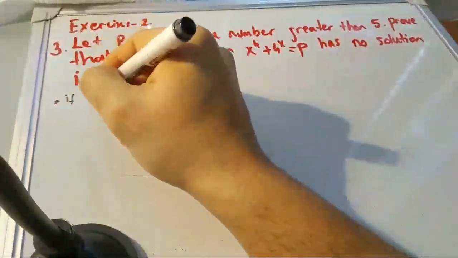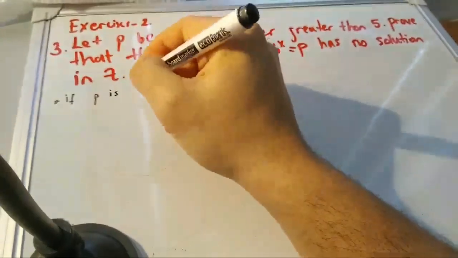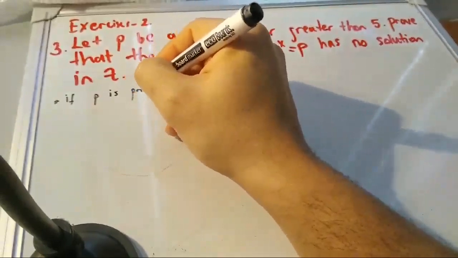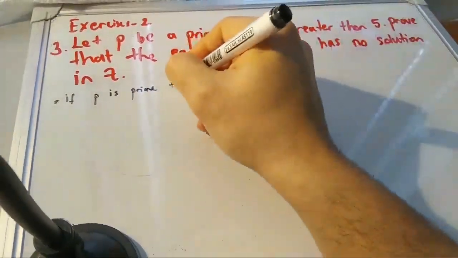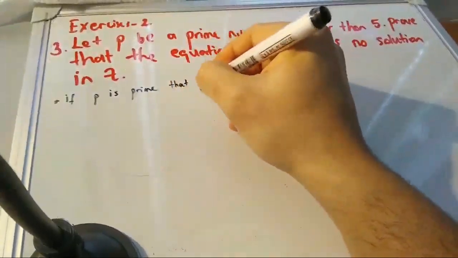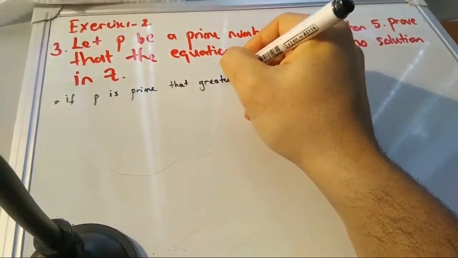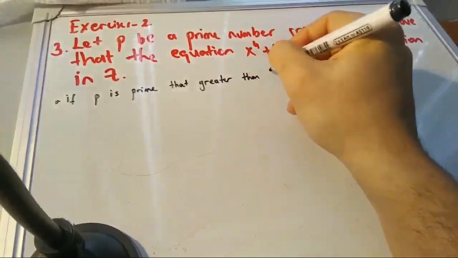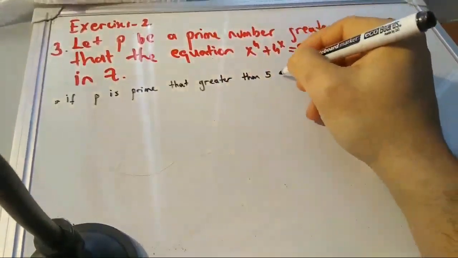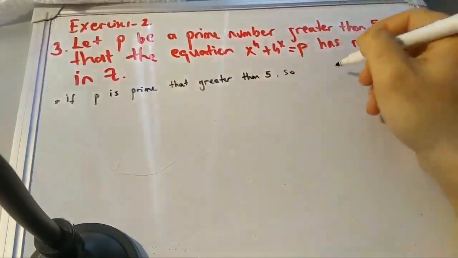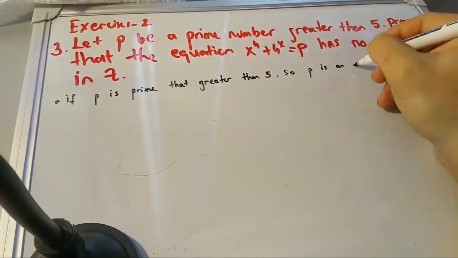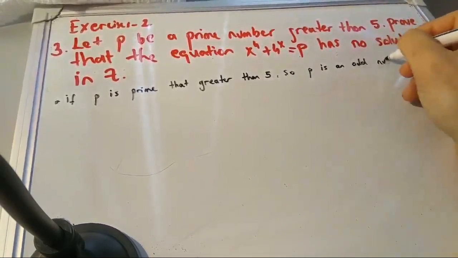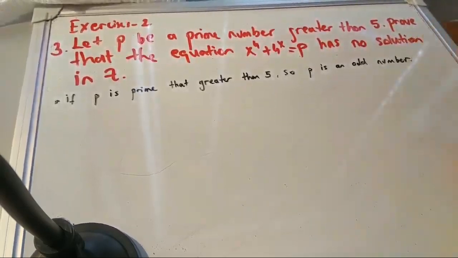If P is prime, that is greater than 5, so P is an odd number.